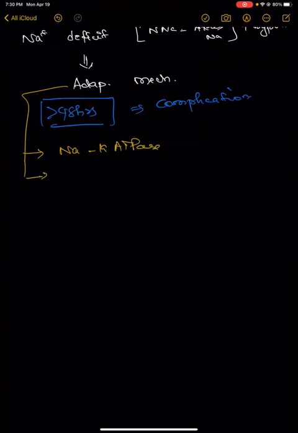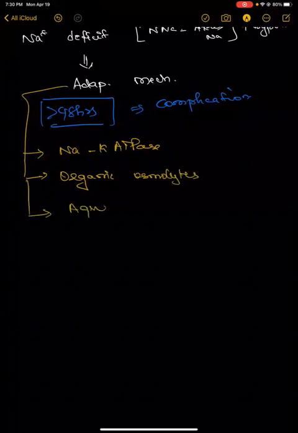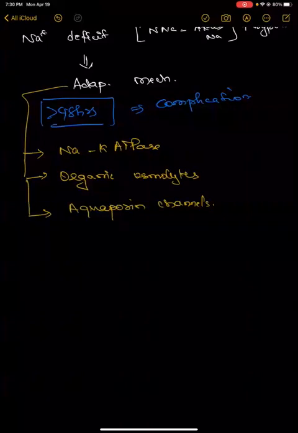There are 3 adaptive mechanisms, I'm sorry, and these 3 are the most important ones: one is the sodium potassium ATPase, the other is organic osmolytes, and the third is aquaporin channels.